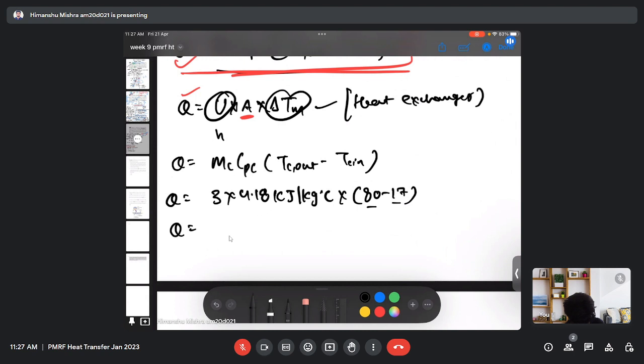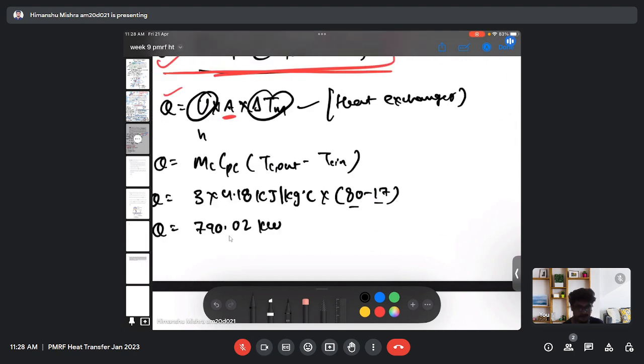So my heat transfer will be 790.02 kilowatt. I can now balance with this equation: U multiplied by A multiplied by log mean temperature difference. We know this, and we know this, which is 790.02 kilowatt.